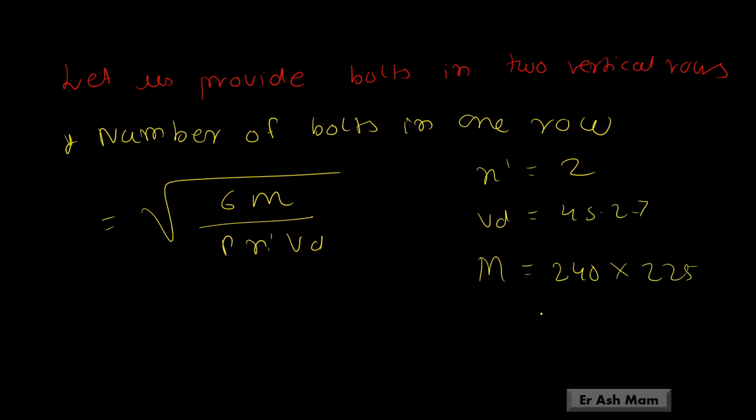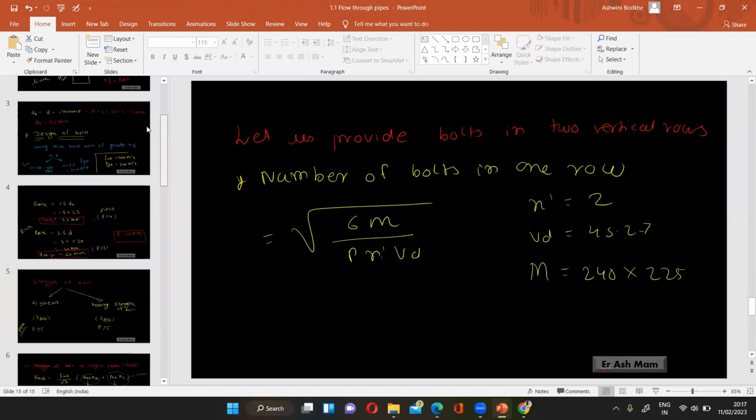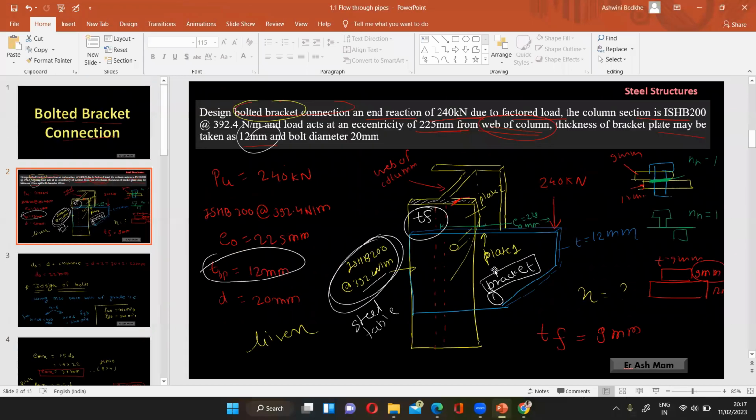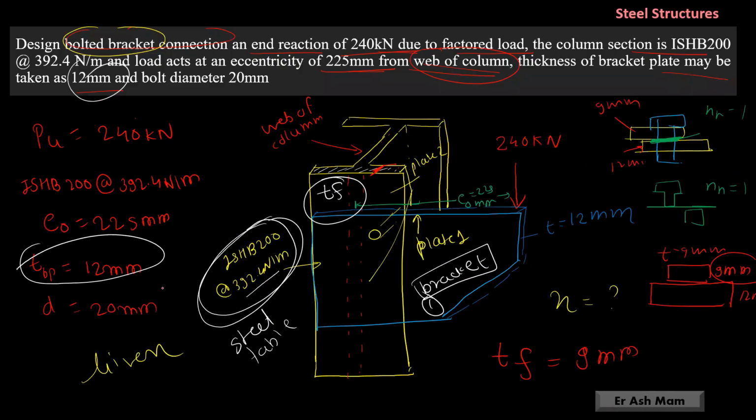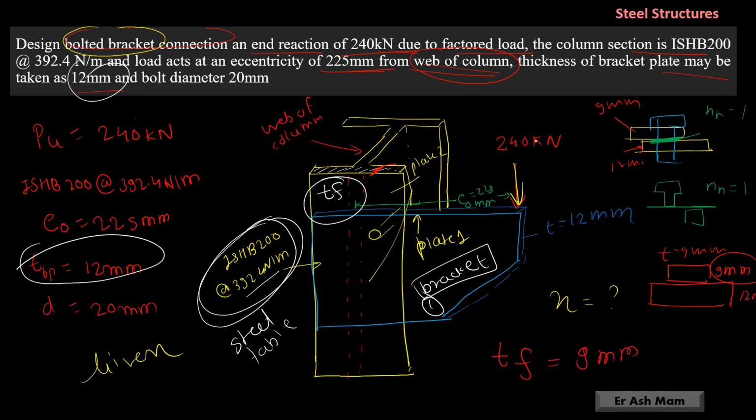Okay, let's see again here. Load is 240 kilonewton. Moment is load into distance. So 240 into distance, eccentricity is 225 from the center. Therefore, E equal to 225.